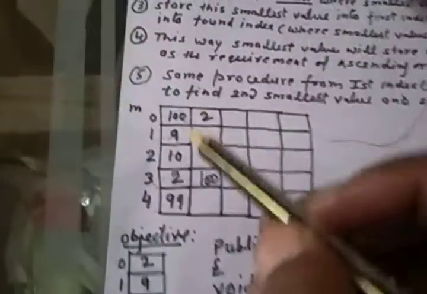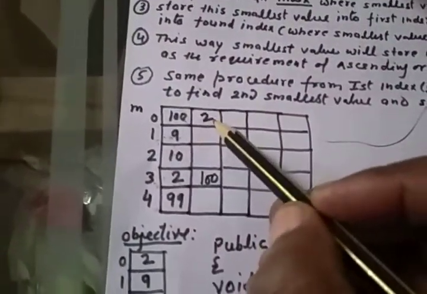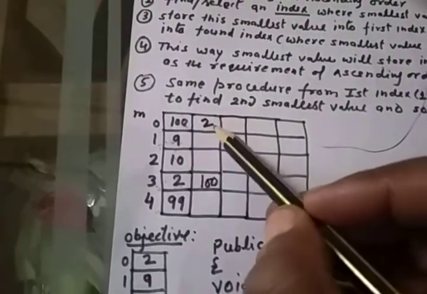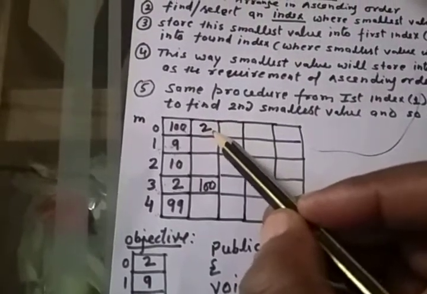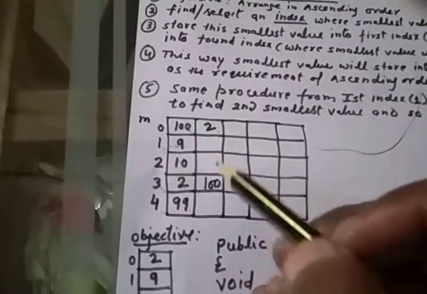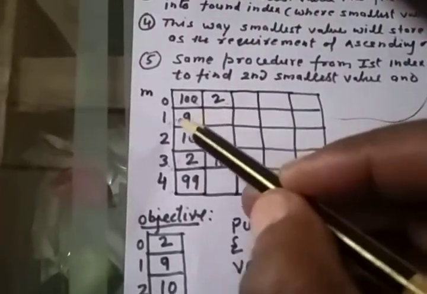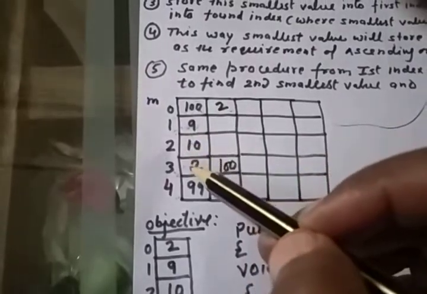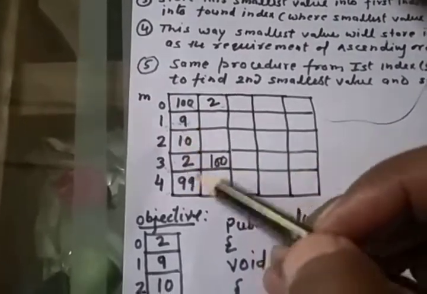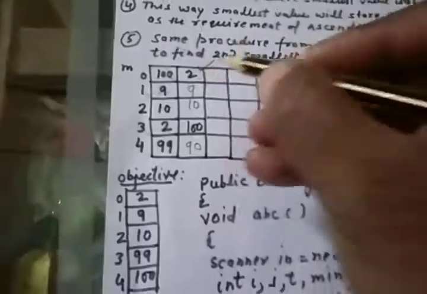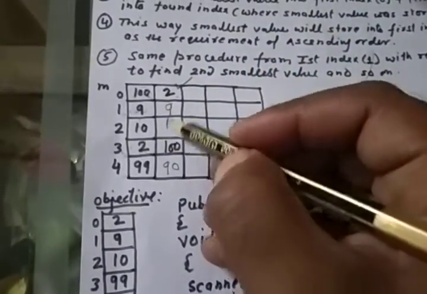Now we will leave this location, because in the first location we got the smallest number, and we have to arrange the array in ascending order. Then we will start from here. We have to find the second smallest number in the current array.